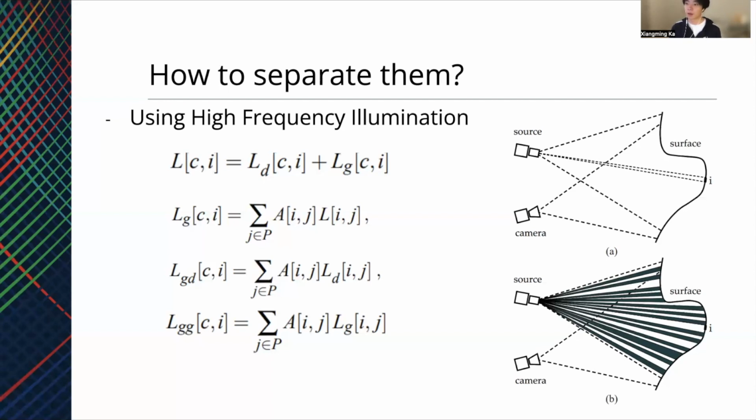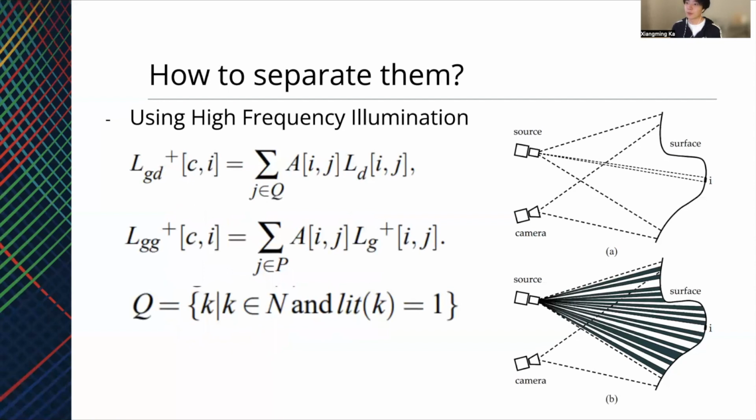We can further decompose L_G into two components, L_GD and L_GG, where L_GD is due to the direct component of the radiance from all scene patches, and L_GG is due to the global components of radiance from all scene patches.